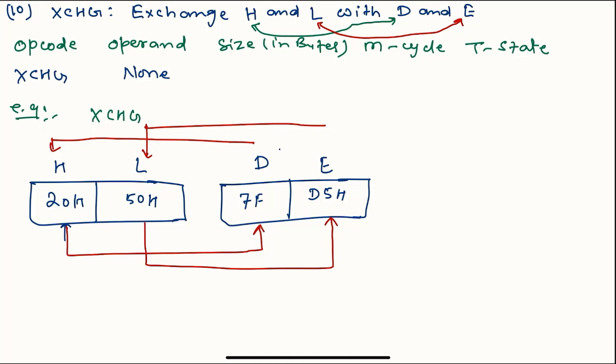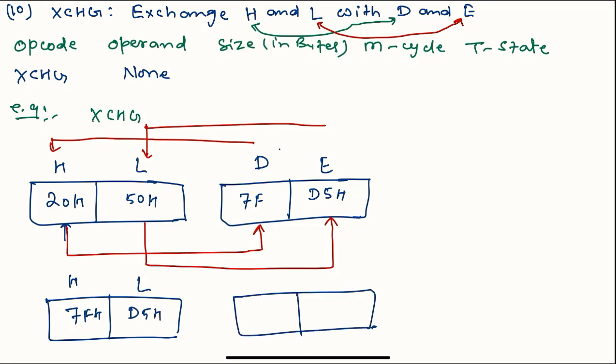After execution of this instruction, what will happen? You will find the content of HL here. After the exchange, the content of H will become 7FH, and the content of L will become D5H. The content of D will become 20H, and the content of E will become 50H. In this way, it produces the result.